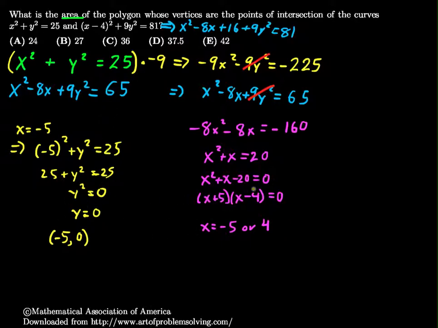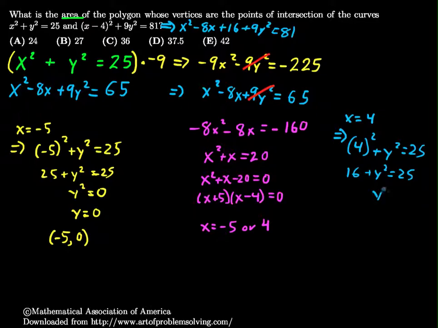Okay, the other one, if I put the 4 into this first equation, x equals 4 will imply that 4 squared plus y squared equals 25. 4 squared is 16.